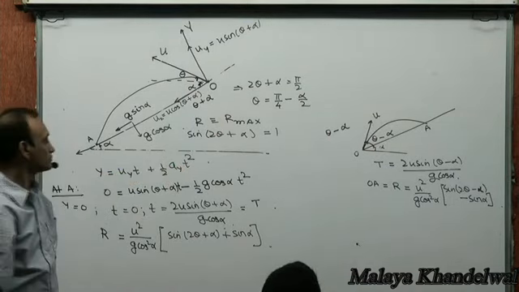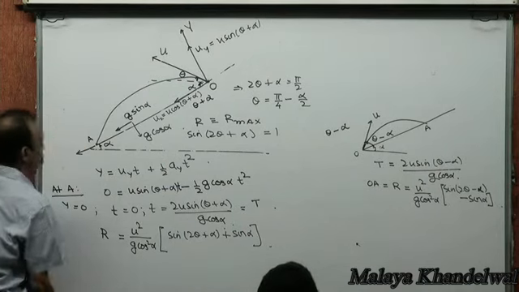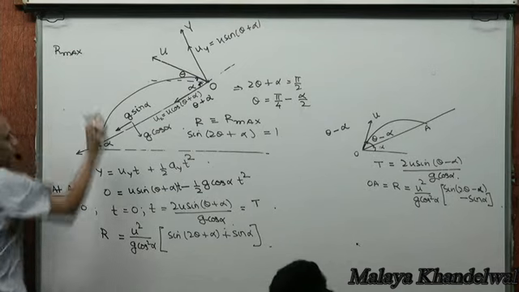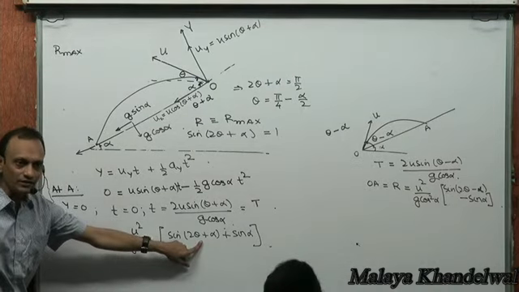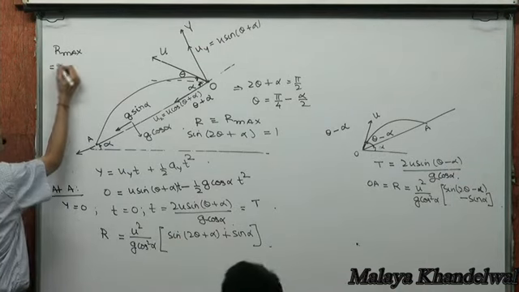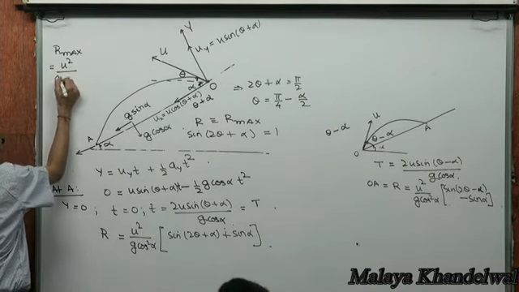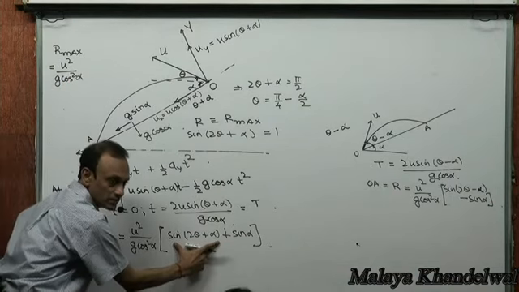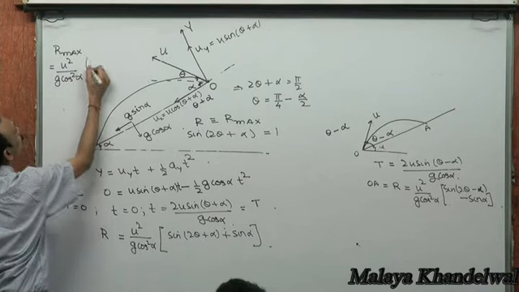Yes or no? And to find R max, what would you do? You would cause this to be 1. So that's going to be u squared by g cos squared alpha into 1 plus sine alpha.